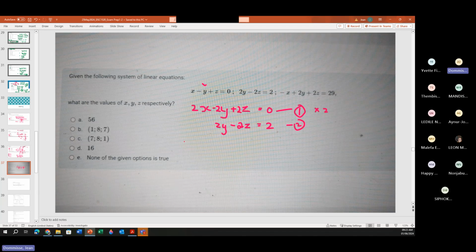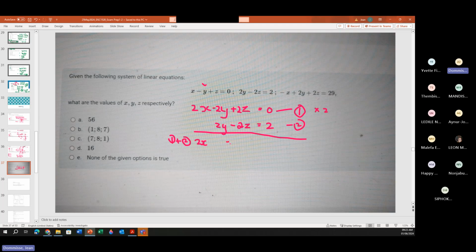So if I then say equation 1 plus equation 2, I get 2x minus 2y plus 2y. Okay, that's 0. Plus 2x minus 2z. Okay, that's also 0.